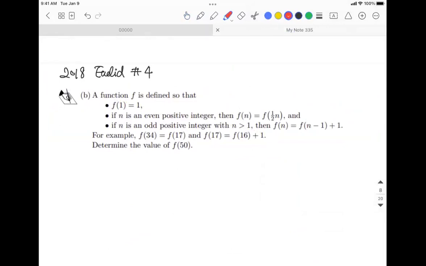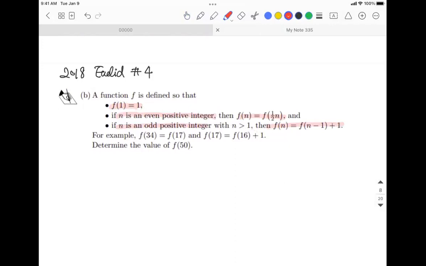A function f is defined so that f(1) equals 1, okay? If n is an even positive integer, f(n) equals f(n/2), because it's even, so n/2 will be an integer, okay? And if n is an odd positive integer with n greater than 1, f(n) equals f(n-1) plus 1.